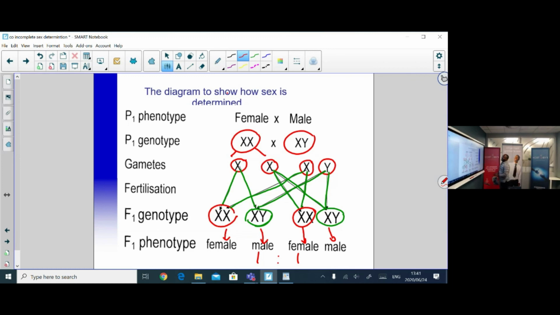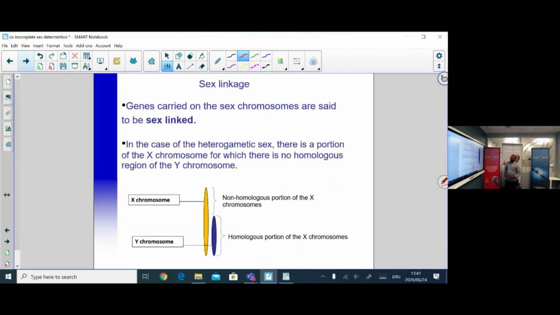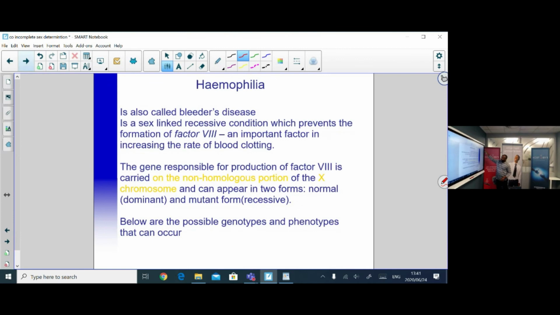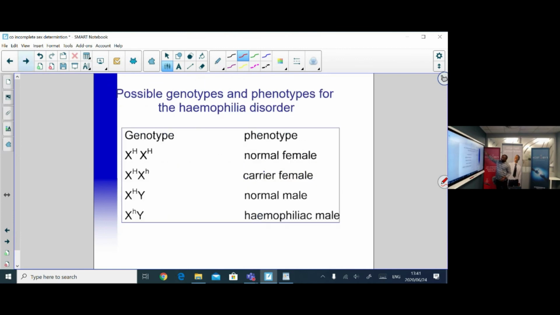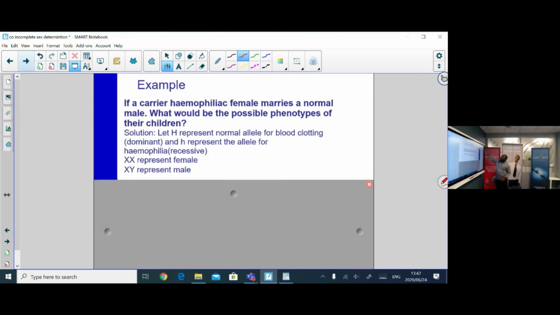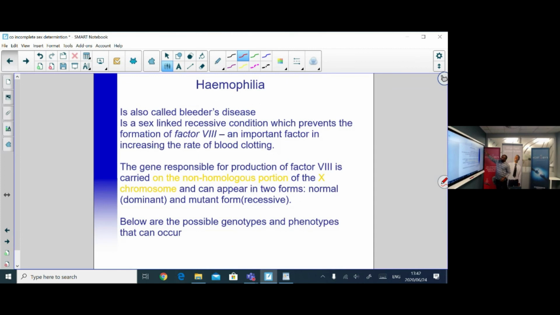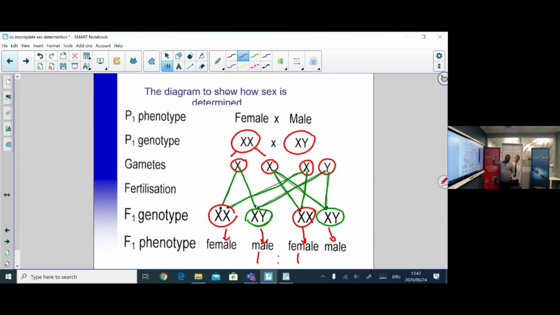Find out. You tell me. So that's how sex is determined. That's all about sex determination.